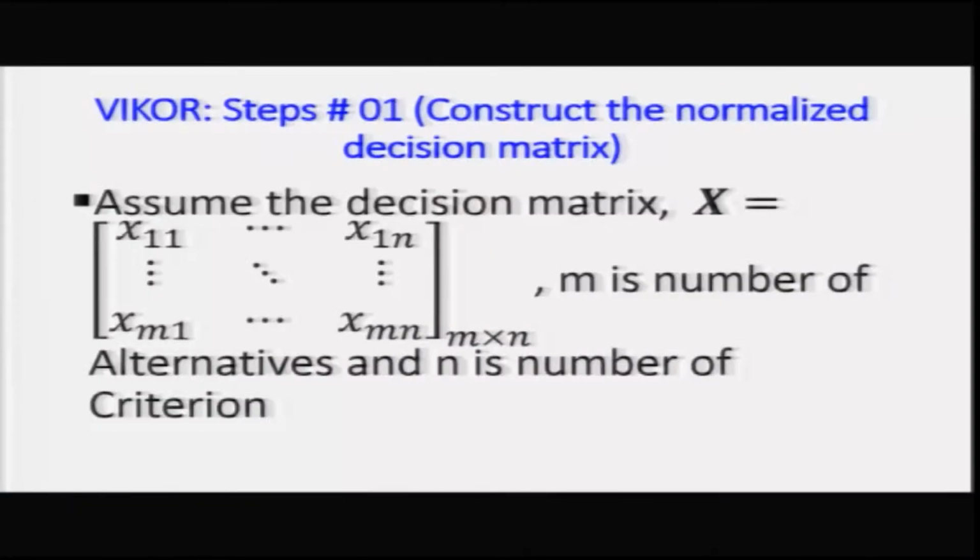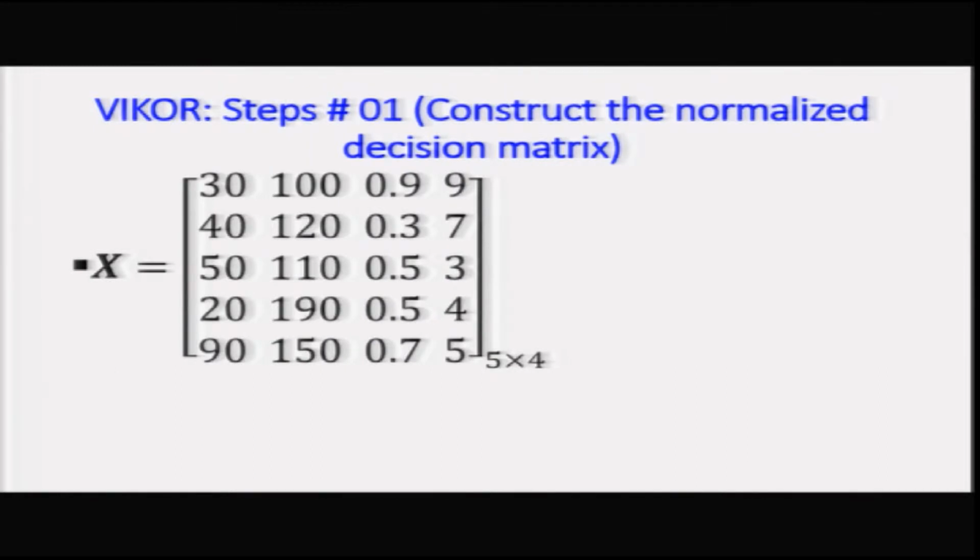Similarly, the last row, xm1 to xmn, will consider the effect of all the criteria from 1 to n on the mth alternative. Here m is the number of alternatives and n is the number of criteria. So, we will consider m cross n.